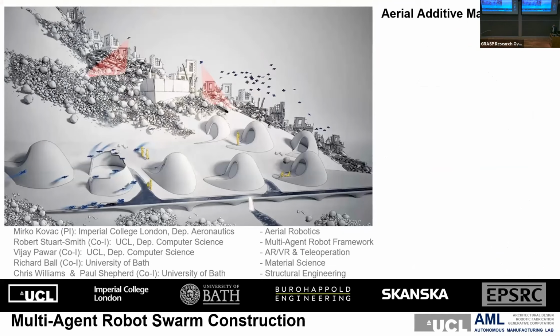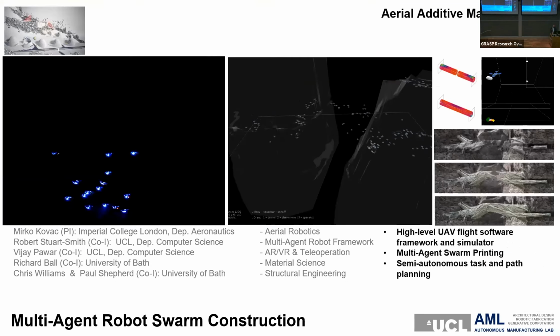This work's also extended in my London sister lab that I co-direct into an aerial additive manufacturing grant, together with Imperial College, University of Bath, and a bunch of construction companies and engineering companies.